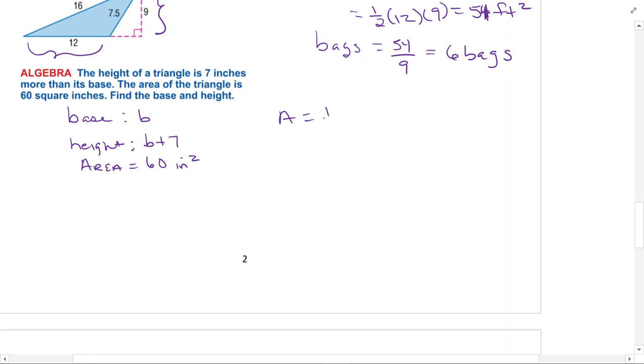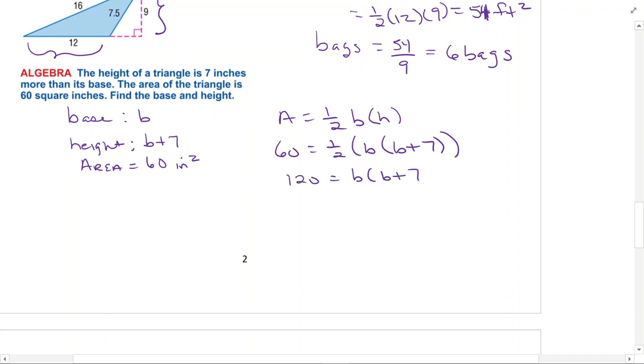So area equals 1/2 base times height. So 60 equals 1/2 B times B plus 7. Multiply both sides by 2. I have 120 equals B times B plus 7. 120 equals B squared plus 7B. 0 equals B squared plus 7B minus 120.